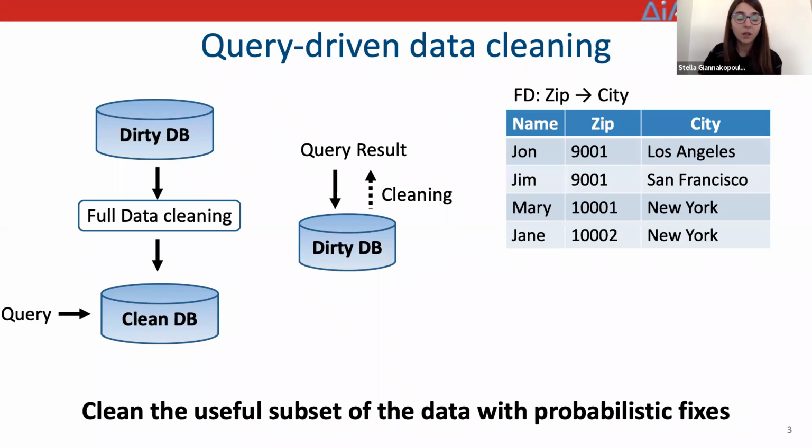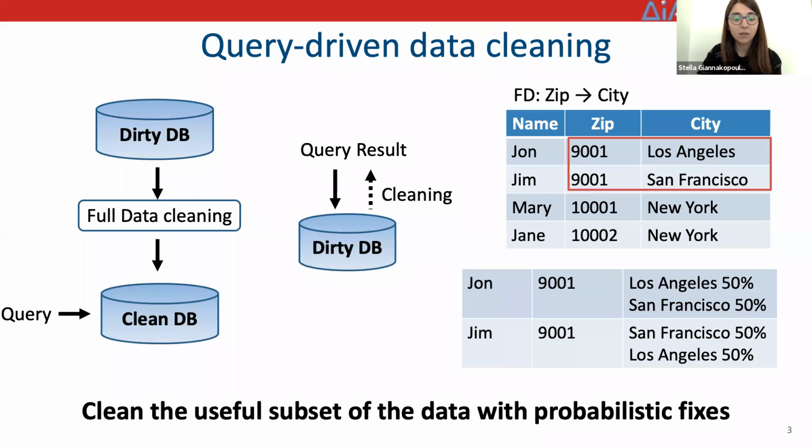For example, if our analysis involves analyzing the clients that live in Los Angeles, and these clients participate in a violation with the clients that live in San Francisco because they have the same zip code but different city name. So in this case, we can directly provide correct answer to the queries that involve the clients in Los Angeles without accessing the clients that live in New York.